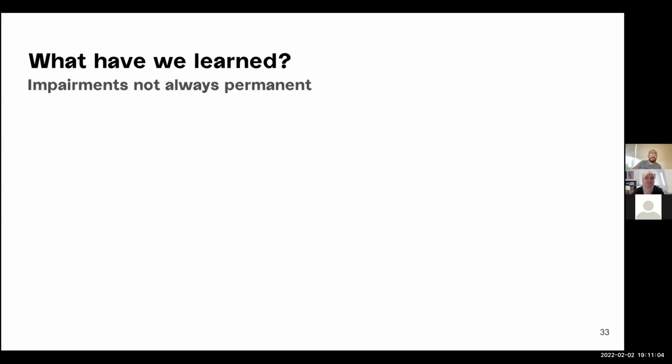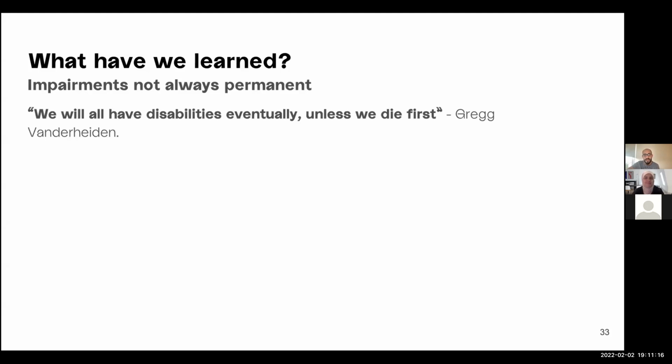Then we talked about impairments and how important it is to differentiate between permanent impairment and temporary and situational impairments or disabilities. But before that, we explored the fact that we will all have a disability eventually, unless we die first. So that was a really big fact that we needed to emphasize.